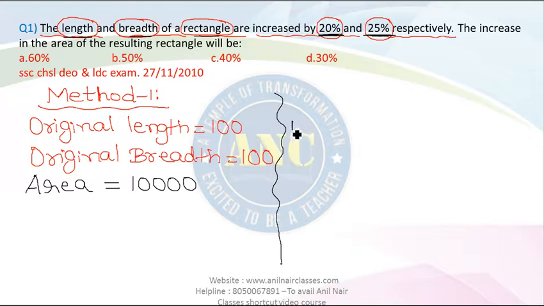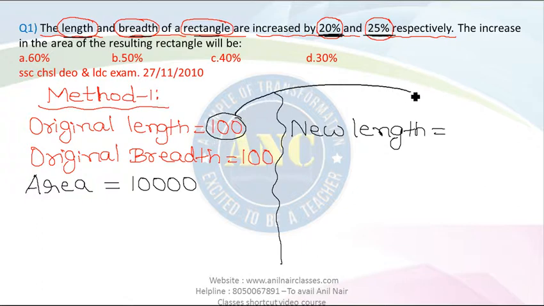The new length is 20% increased from the old length. What is 20% of 100? It is 20. So the new length becomes 120.